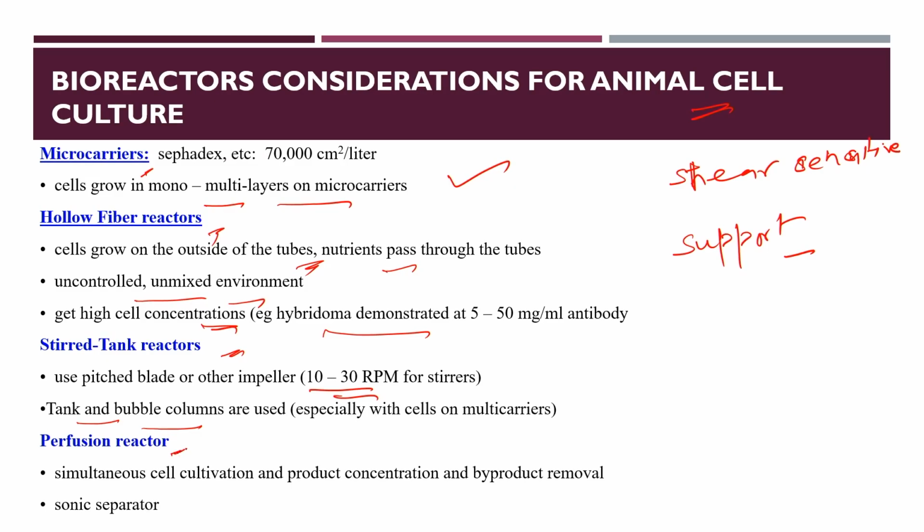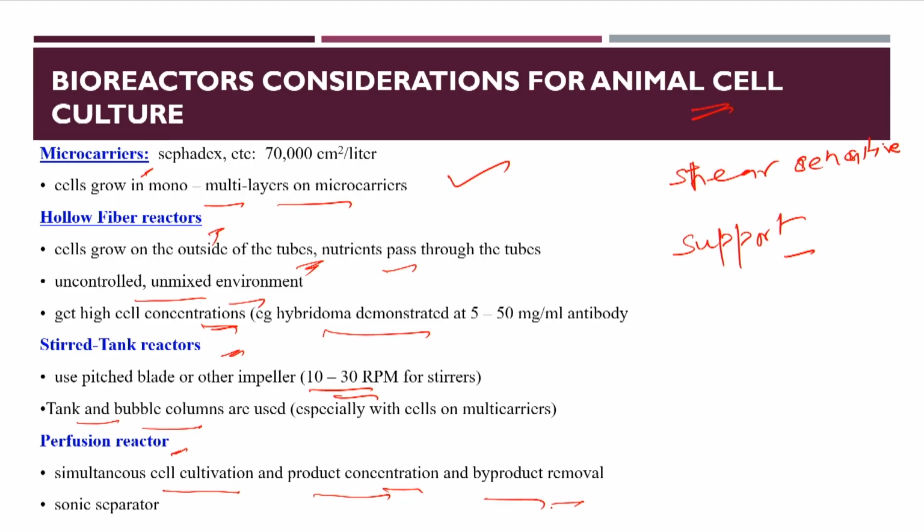Next is the perfusion system. What is a perfusion system? Here we should be able to simultaneously separate the product and byproduct, because many times the byproduct may be toxic. So, there is simultaneous cell cultivation and product concentration, and we are able to remove it from the bioreactor.